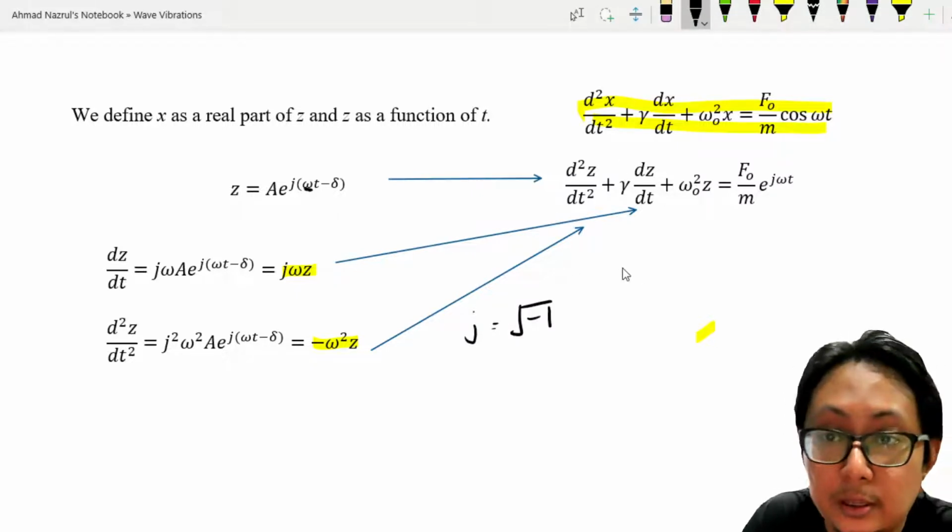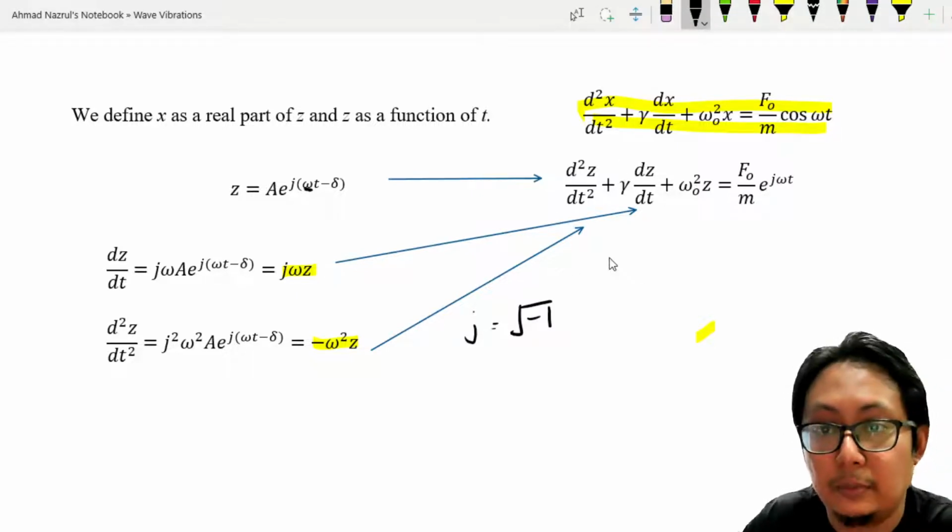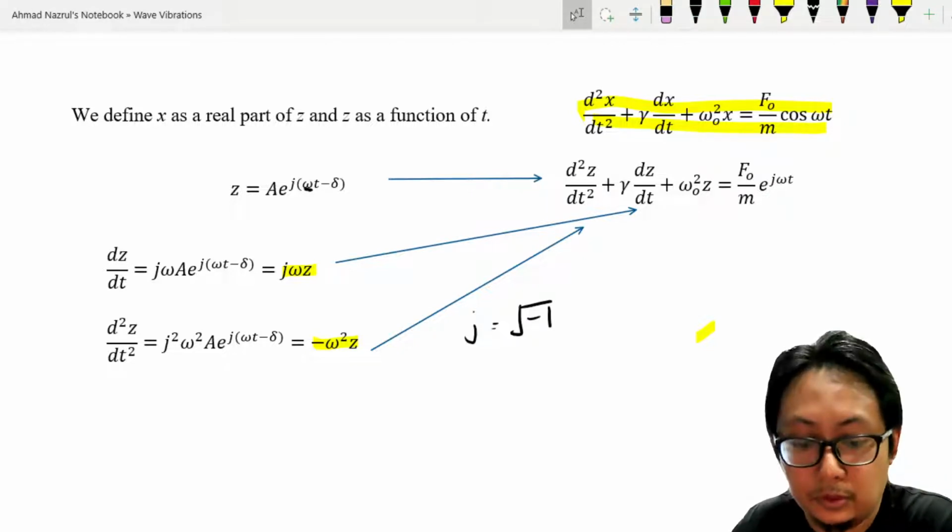I think it's better for me to just copy here to make it easier.